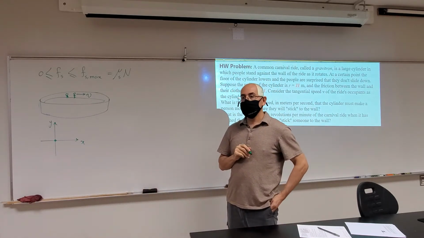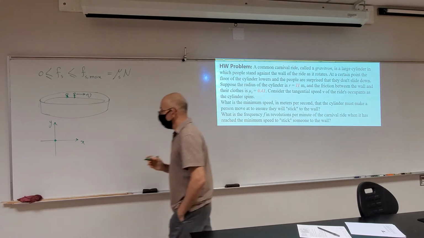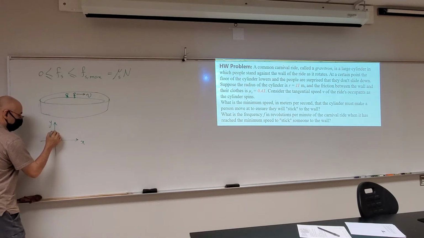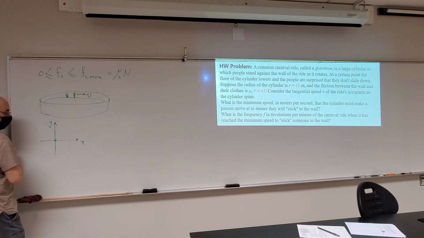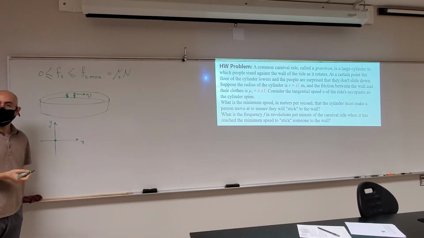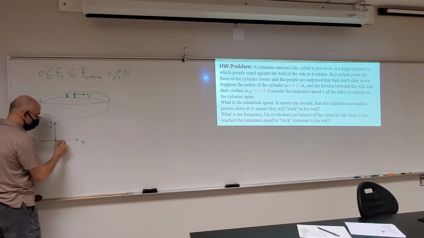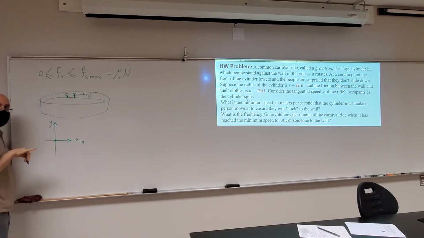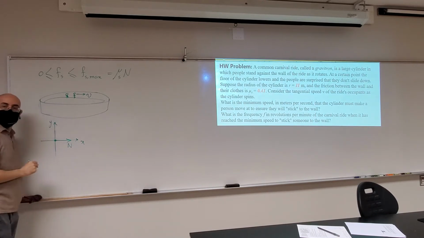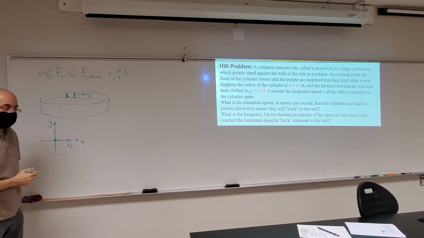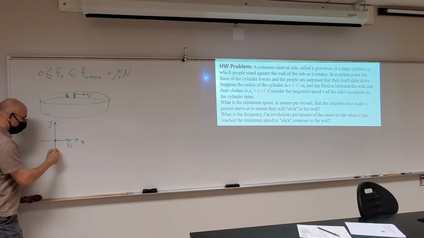So maybe like against the wall? Yeah, let's say the wall is right here. Which direction is the normal force? It would be in the horizontal direction, perpendicular to the wall, toward the center. That's the normal force. Which way is the weight? Downward, weight is always downward.